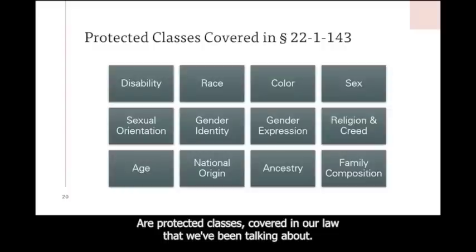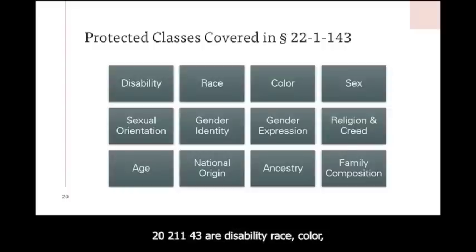Our protected classes covered in the law that we've been talking about, 22-1-143, are disability, race, color, sex, sexual orientation, gender identity, gender expression, religion and creed, age, national origin, ancestry, and family composition.